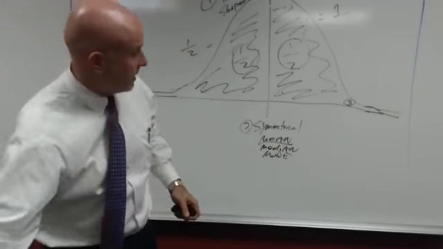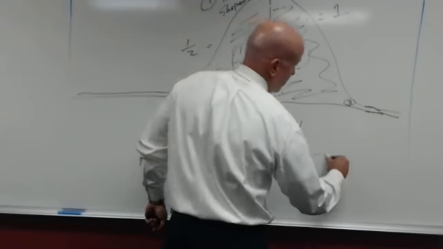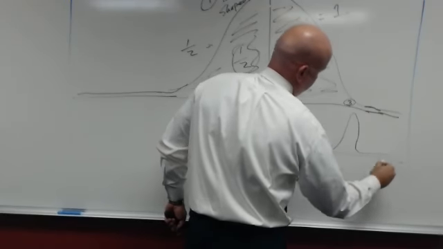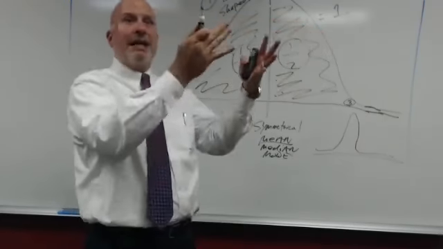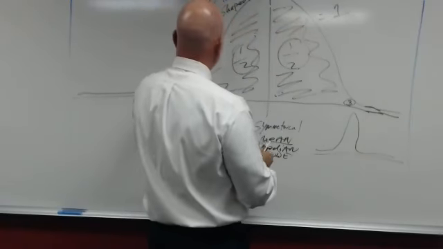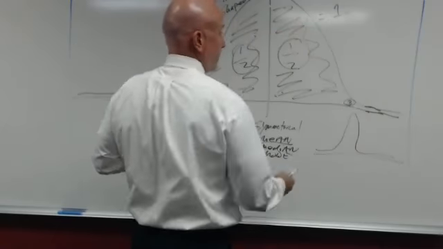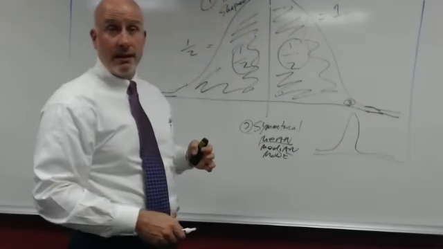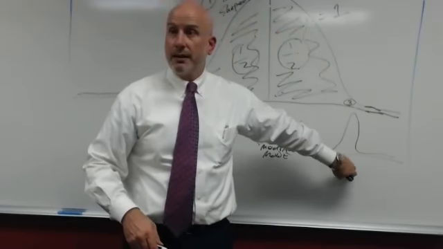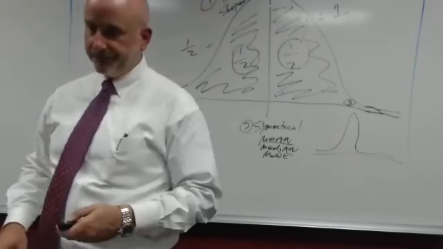So remember, my bell-shaped curve looks something like that. I could really peak in the middle, as long as I still have these three characteristics, I'm still going to meet this definition.